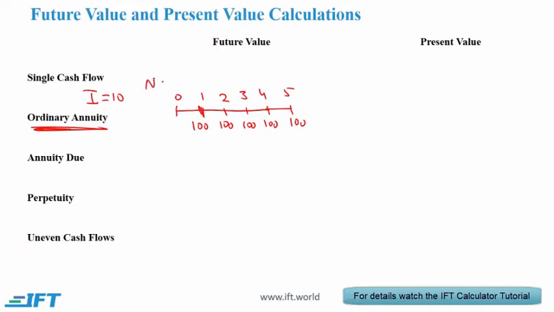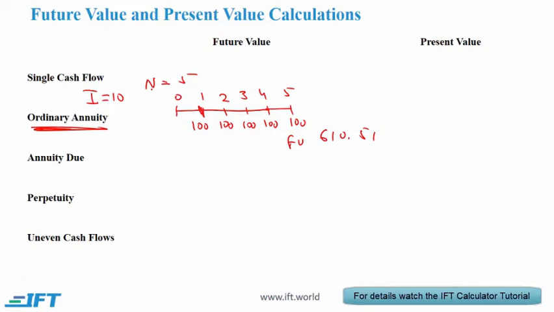In this case, n is equal to 5. We can say that the payment is 100 and we can then compute the future value. For present value, we'll say it is 0 because there is no cash flow over here. In this case, when we calculate the future value, we'll get 610.51.